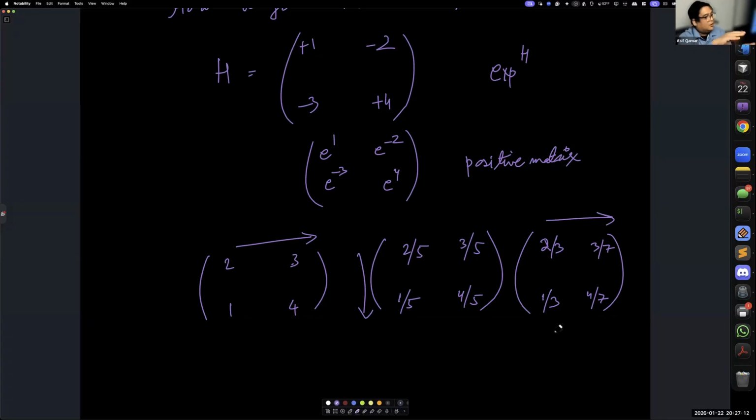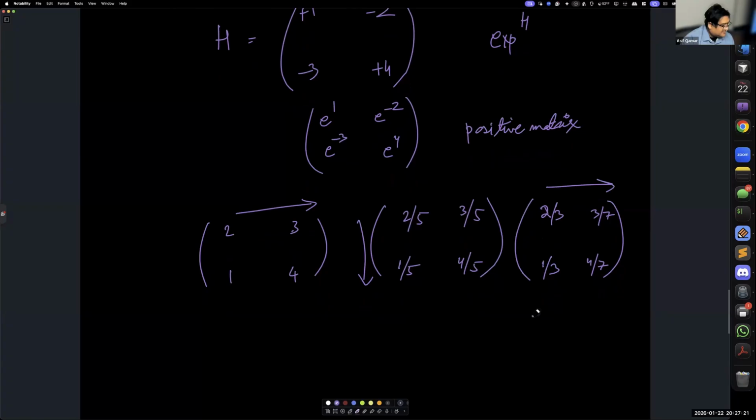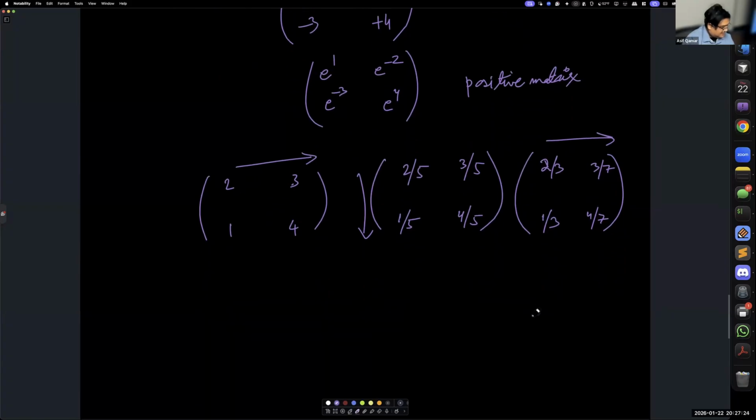So what happens is you alternate between fixing the rows and fixing the columns, and fixing the rows and fixing the columns. If you keep doing this, this is a famous technique discovered, I believe, in 1967 or earlier, and it is called the Sinkhorn-Knopp algorithm.